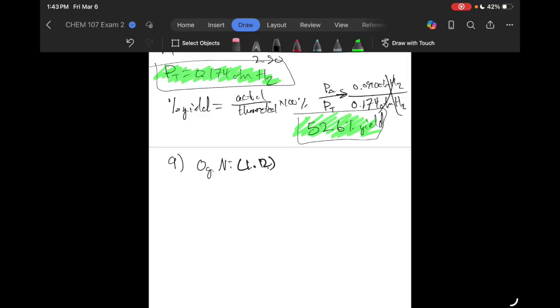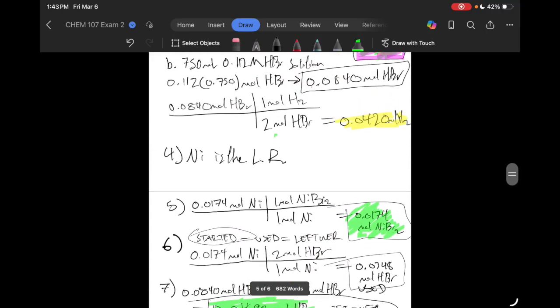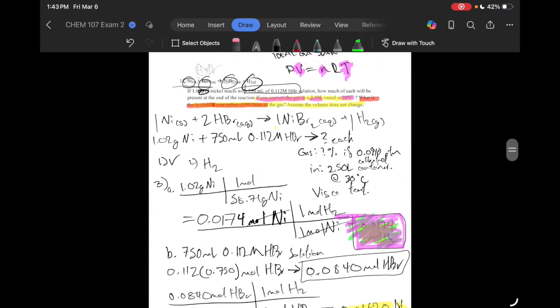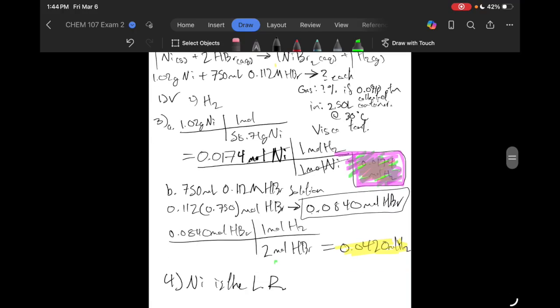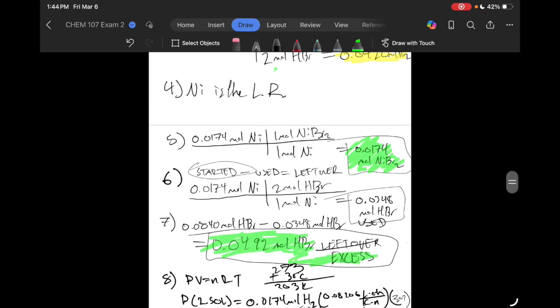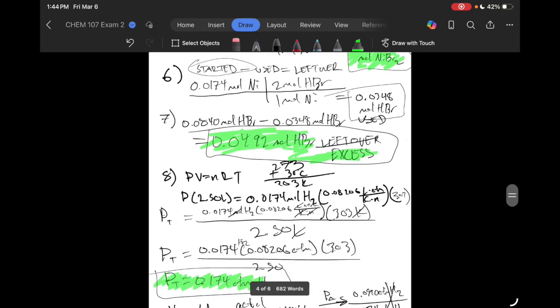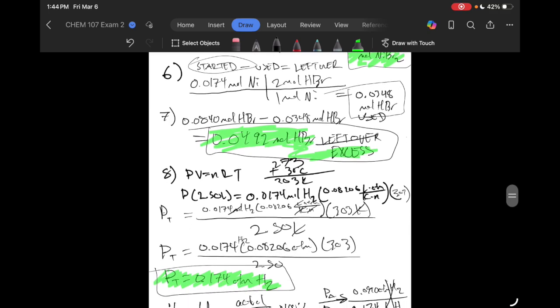Anyways, moving on to the next one, which was HBr. Remember, for HBr there's going to be some amount left over, right? Because Ni ran out and it used up a certain amount of HBr, and we subtract that amount that was used from the amount we started with, and that's going to give us how much was left over at the end of the reaction, or in other words, our excess amount, which was 0.0492 moles of HBr.